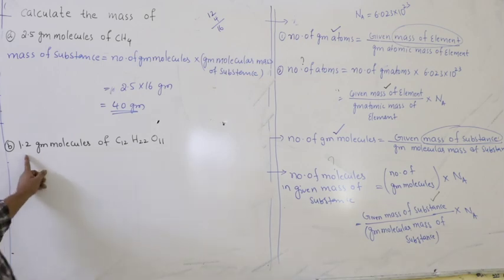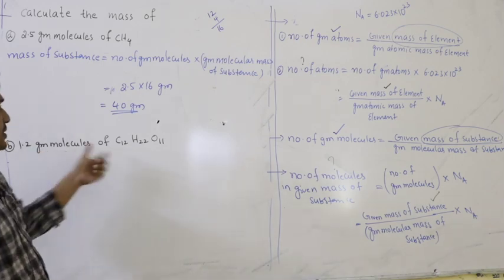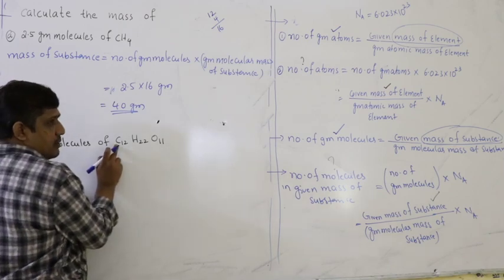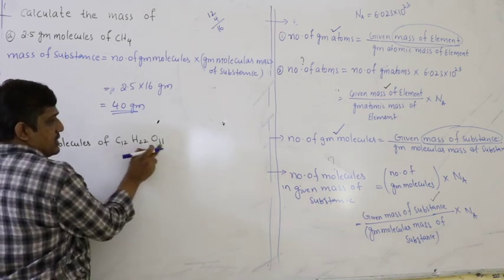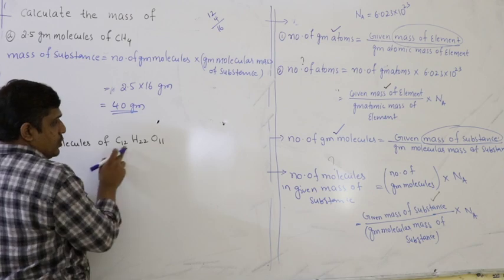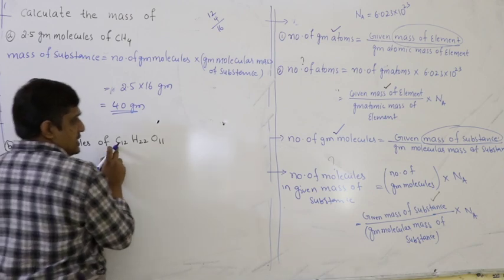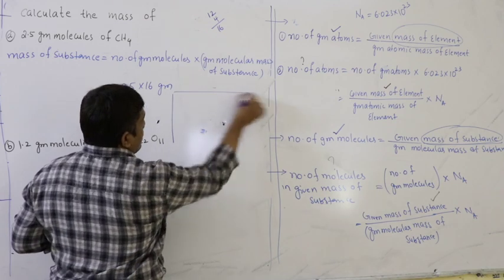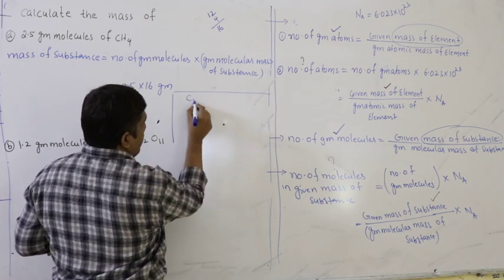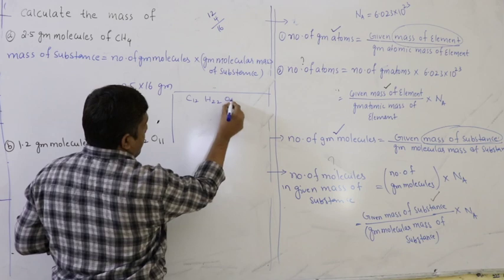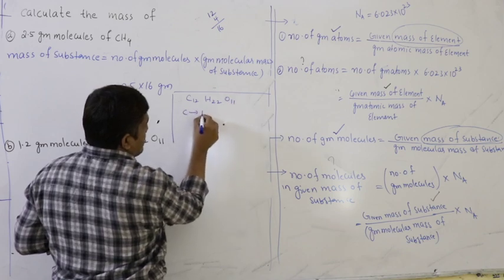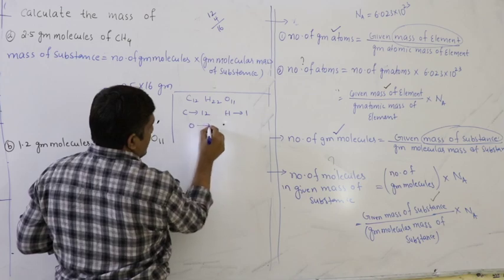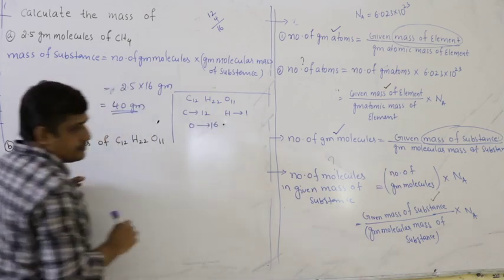So next one is also same, number of gram molecules are given. So find gram molecular weight. 12 carbons, 22 hydrogens, 11 oxygens. Carbon atomic mass 12, hydrogen atomic mass 1, oxygen atomic mass 16.